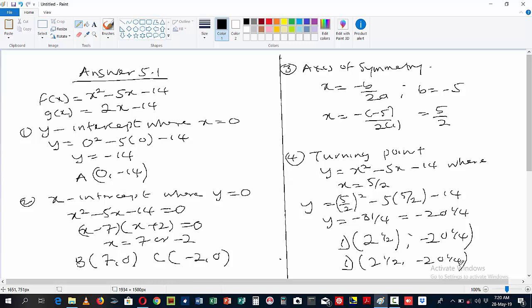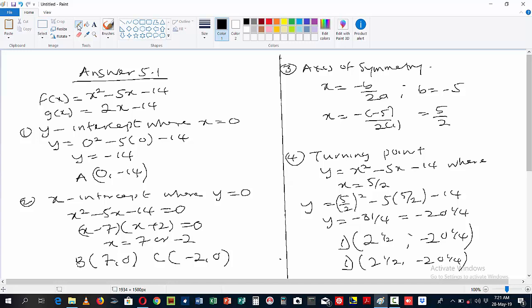This is our coordinate D now. Our coordinate D is calculated now. We need to go to the second function, which is g of x.